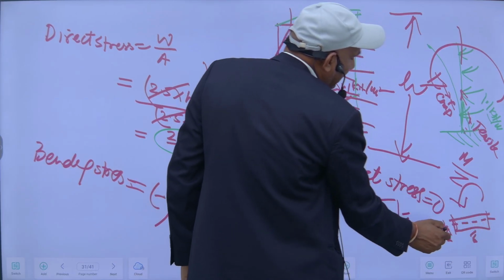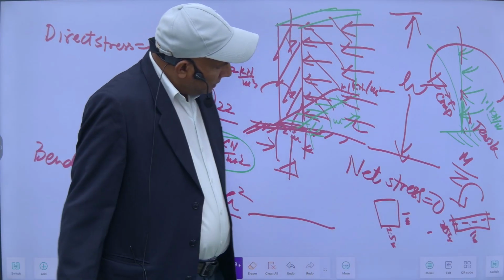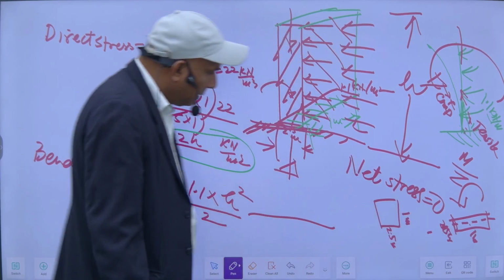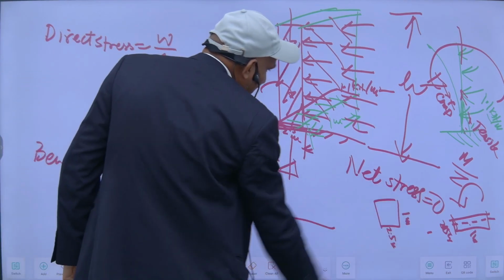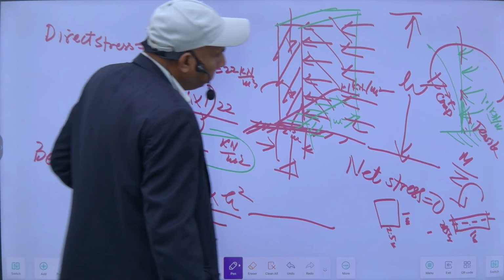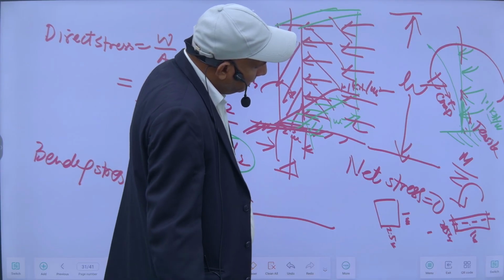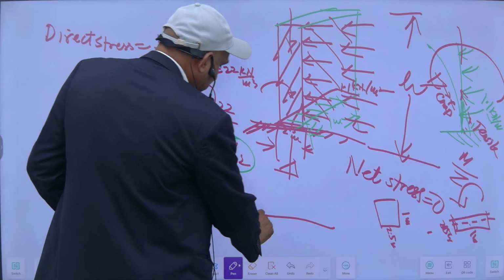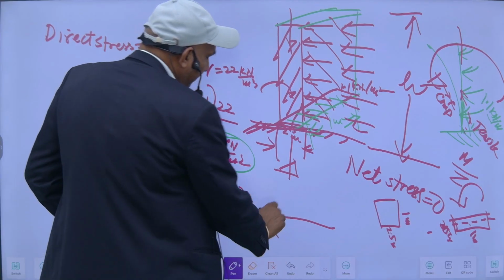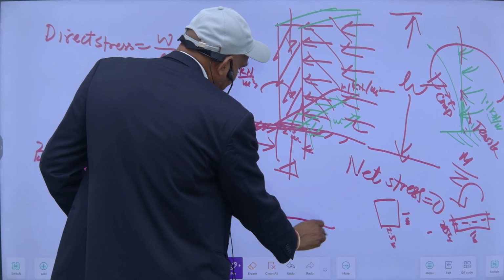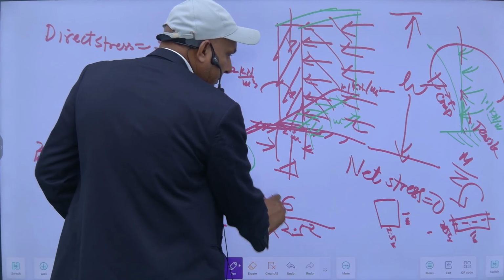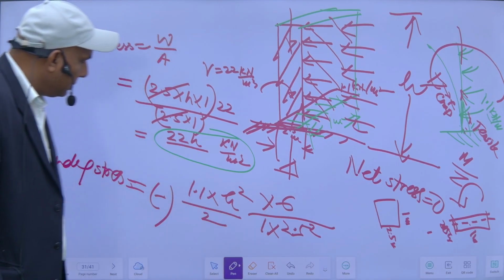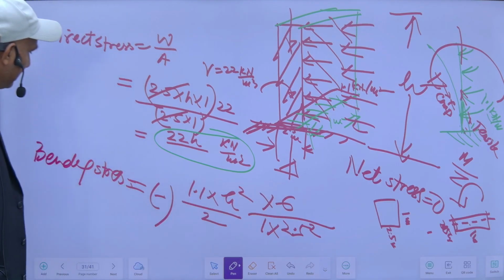So B D square upon 6 is the section modulus. B here is 1 and D is 2.5, B D square by 6. So this will be the Z. So M upon Z is bending stresses.